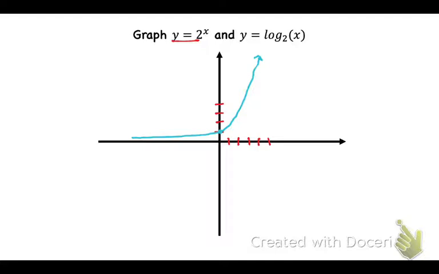So we had a y-intercept of 0, 1. We have a horizontal asymptote of y equals 0, correct? Domain is all real numbers. And range is what?